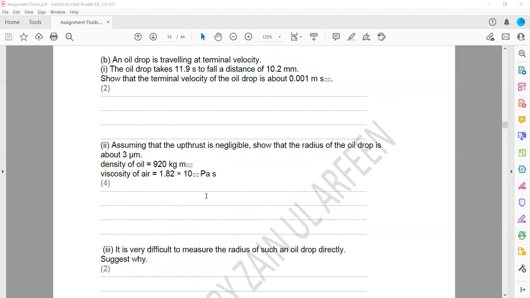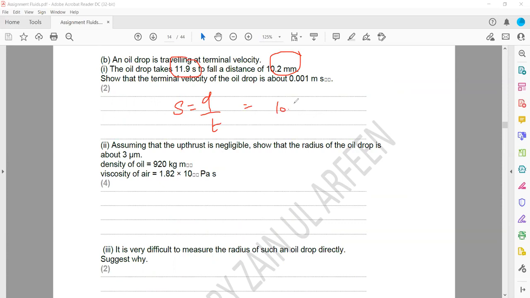In part B, an oil drop is traveling at a terminal velocity. The oil drop takes 11.9 seconds to fall a distance of 10 millimeter. Show that the terminal velocity is about 0.001 meter per second. Because it's a terminal velocity, so constant velocity, whenever an object is moving with a constant speed, speed is distance over time.